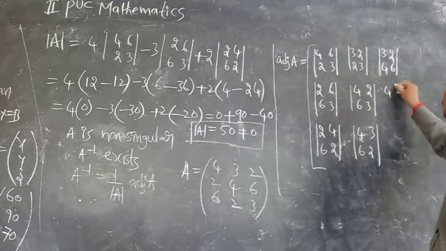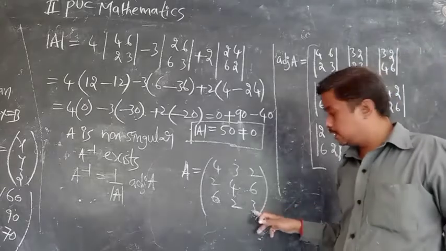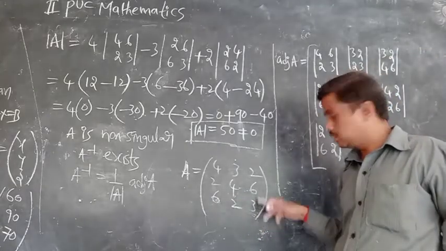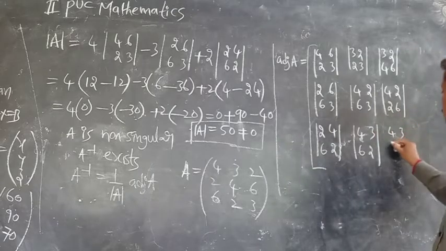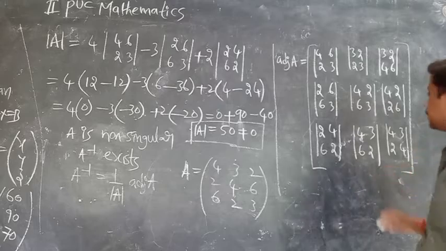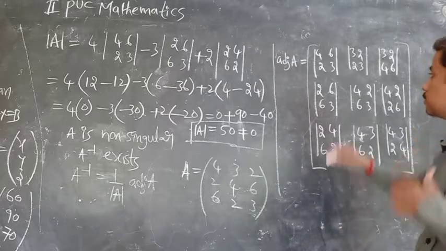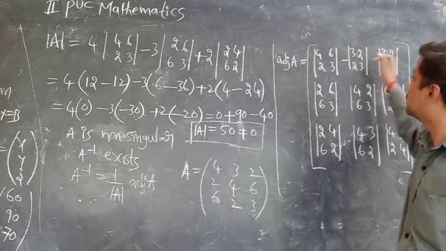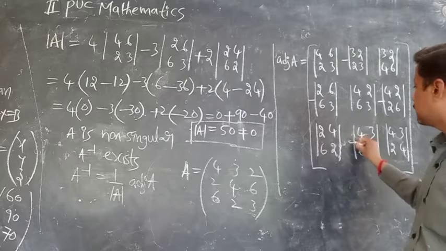Next, the last 3 lies in third row, third column: 4 3 2 4. Like that I have to write, with the signs minus and plus alternating: plus minus plus, minus plus minus, plus minus plus.